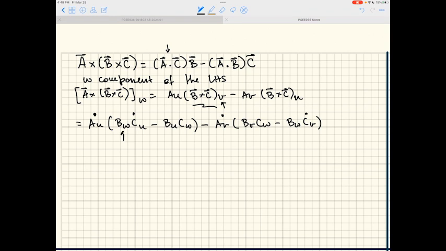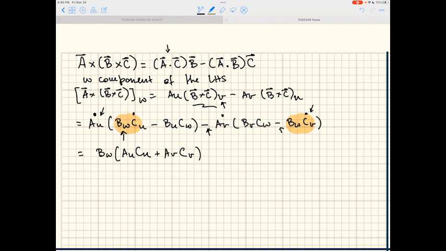Both terms have a BW in common, so let's make BW a factor. So we have AU CU, which is this factor here, and the other one is AV CV, so that's a plus. So we got this term here and we got this term here.